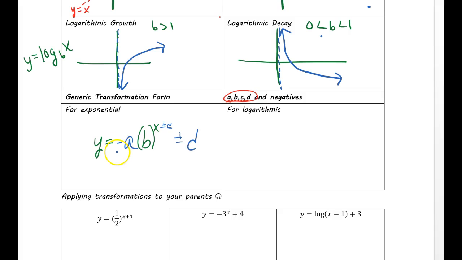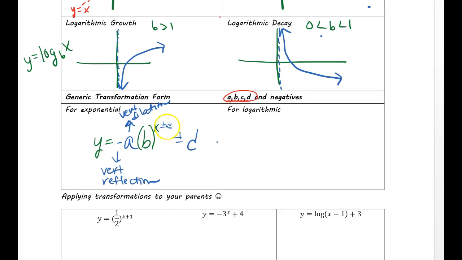The negative in the front is a vertical reflection, which just means that you can flip it across the x-axis, okay? The a that's in the front does a vertical dilation. A vertical dilation was the thing where it just made it skinnier or fatter. It stretched it or it shrank it, so we'll talk about that.